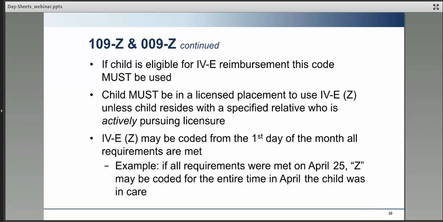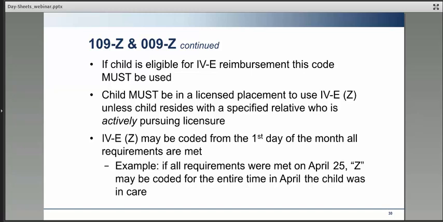If they are with a specified relative who is pursuing licensure at the time, not just considering licensure, but actively involved with the licensure process, then you can code 109Z to that day sheet while the specified relative, whomever, is pursuing that licensure.